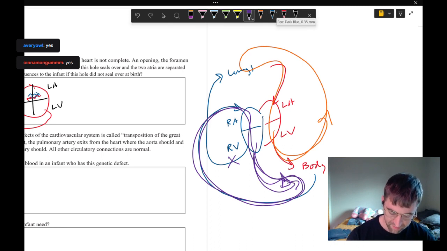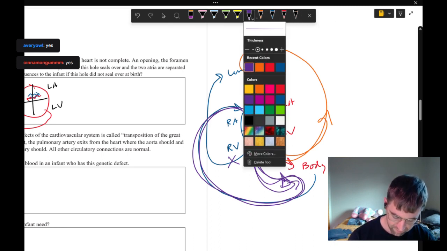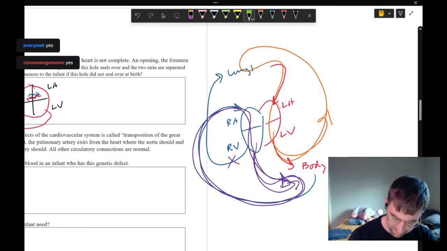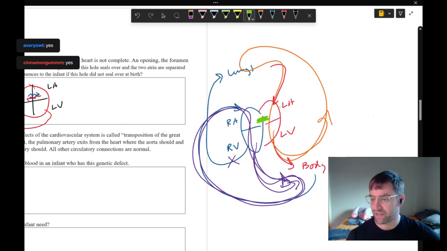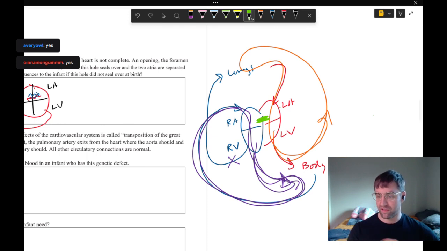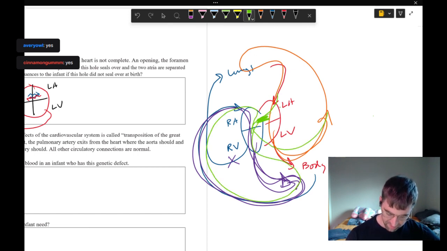We simply open, what color should I make this? We'll make it bright green. We simply open a hole between the right atrium and the left atrium, and that allows mixing between those two circuits. It's not ideal, but you are going to get some oxygenated blood from the lungs back into circulation.